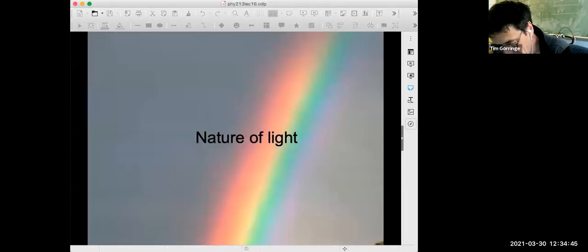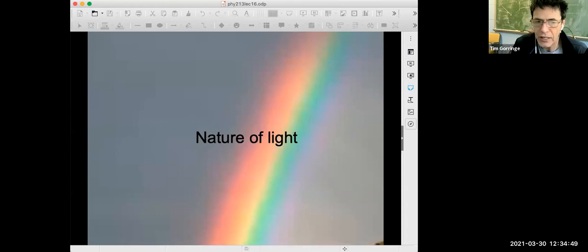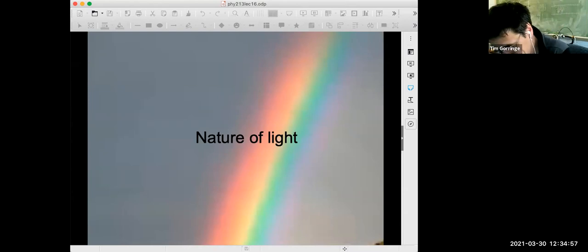Okay, so nature of light, and really I'm meaning this dual nature of light, which is a really strange, peculiar, weird concept. We think of things as being either particles or waves.